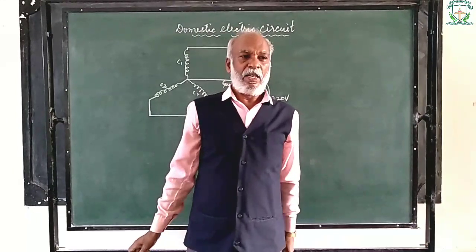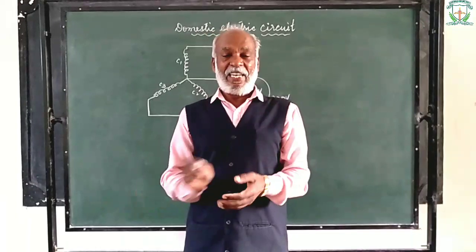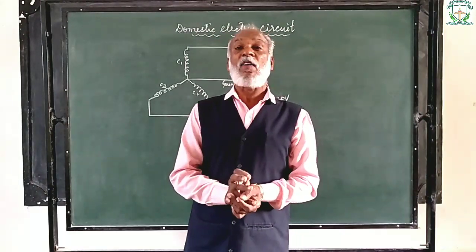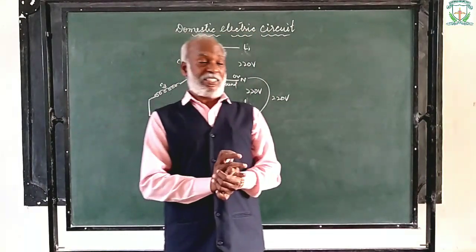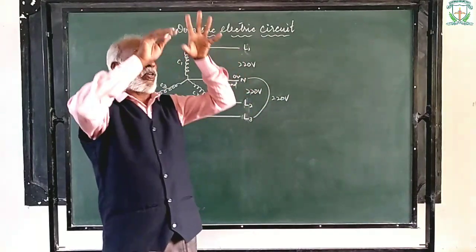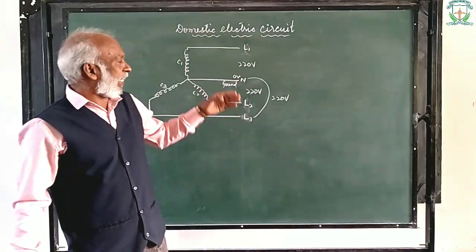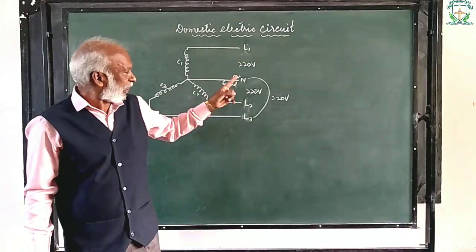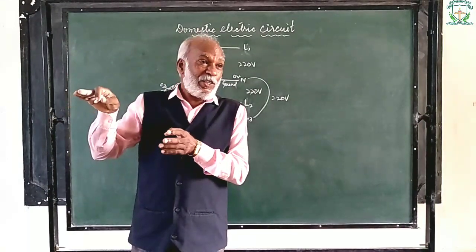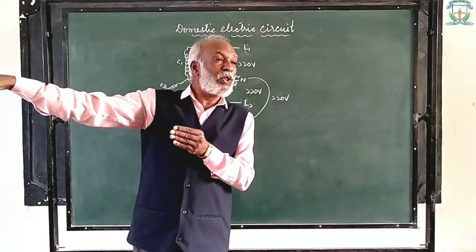Children, the potential difference of a domestic electric circuit is 220 volts. And if you observe the transmission line near your house, you can see from the 4 wires, 2 wires are tapped to your building.